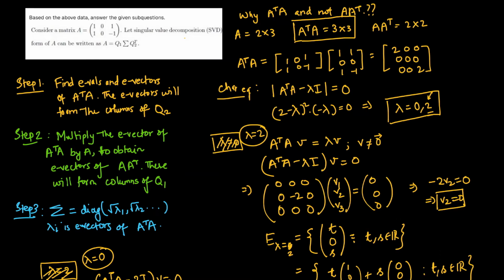These will form the columns of Q1. Sigma is the most straightforward thing. It is nothing but the square root of the eigenvalues of A transpose A. One more thing to note is that A transpose A and A A transpose both have the same set of eigenvalues except a few zero eigenvalues. If you require proof of any of these results in detail, feel free to put it down in the comments below.